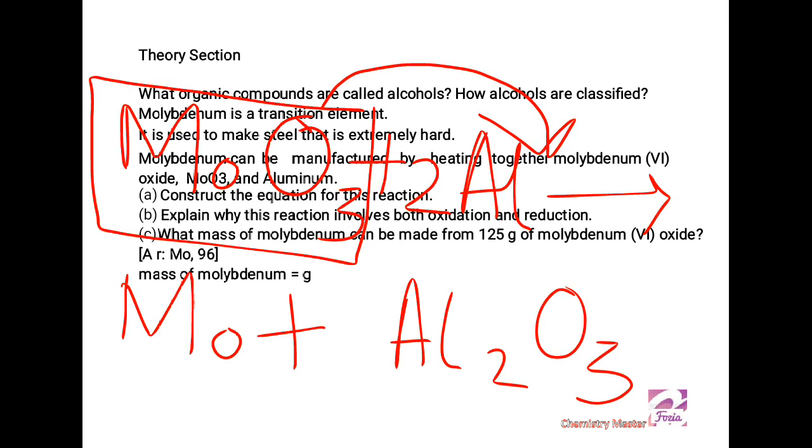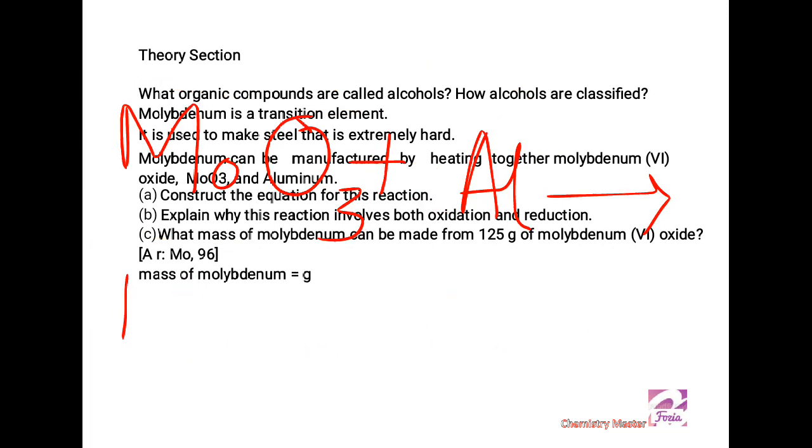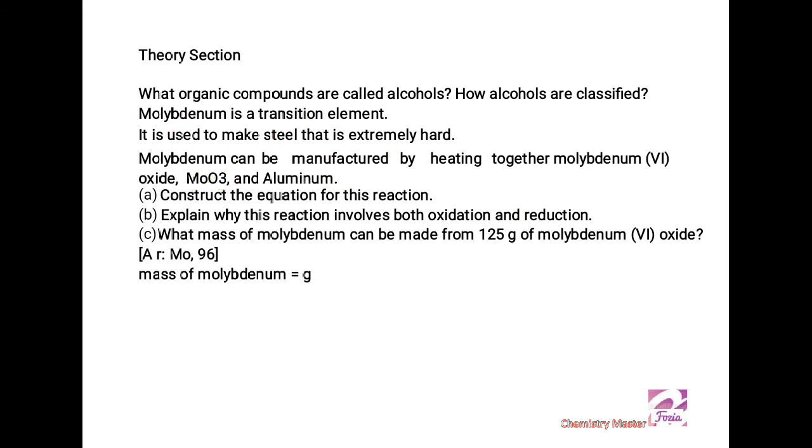The C part is what mass of molybdenum can be made from 125 gram of molybdenum oxide, and you have to show the working for this. Okay, I'm ready for it. Let's see. We have to see how much molybdenum can be made from 125 gram of molybdenum oxide.